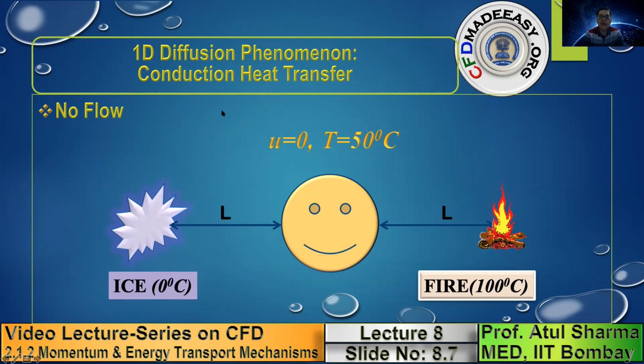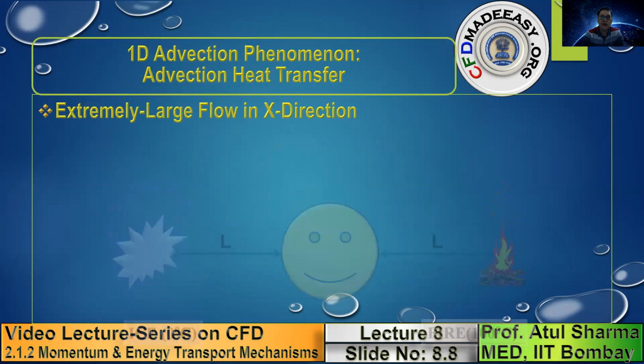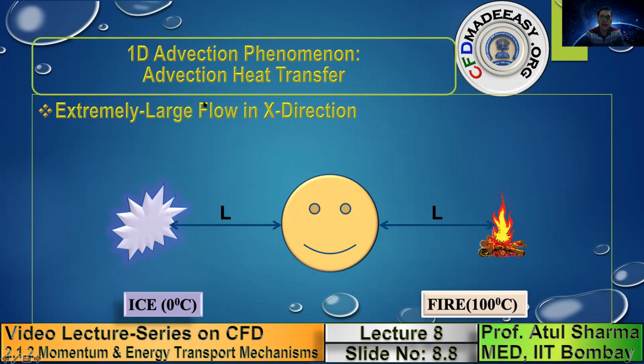Now let us consider another extreme case, which is called the advection phenomenon. This advection phenomenon corresponds to an extremely large flow in the x direction. So let us suppose you are standing again between ice and fire and there is an extremely large flow.